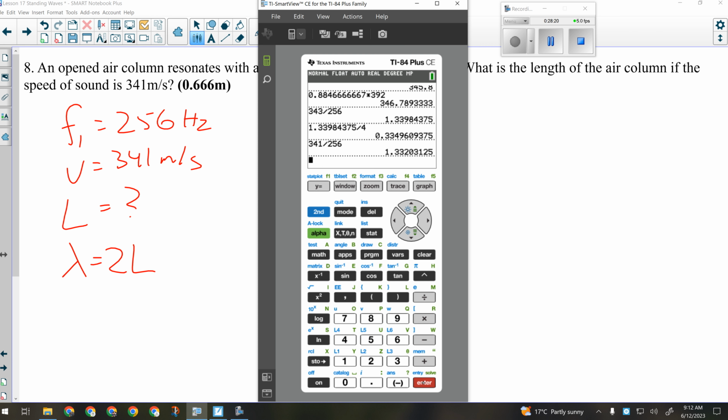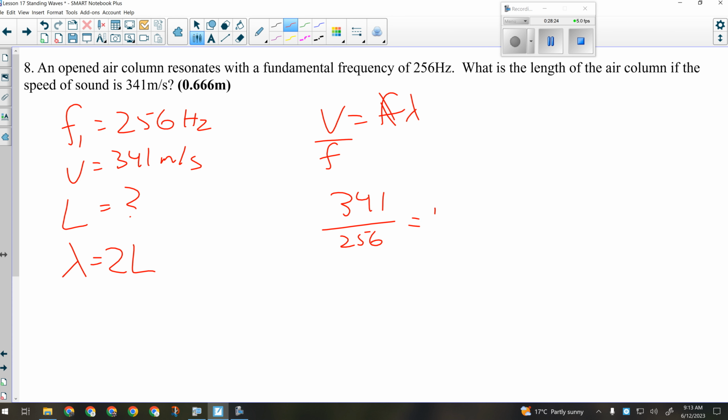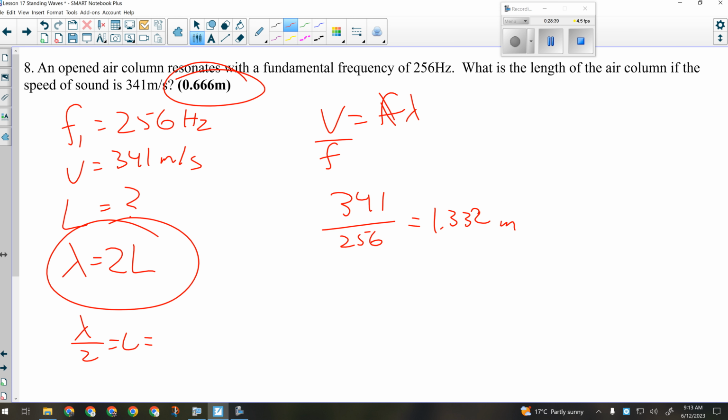So I get 1.332 meters as my wavelength there, and then I go to this formula to calculate the length. Lambda over 2 will give me the length. If I divide that by 2, I get that number. Is that making some sense?